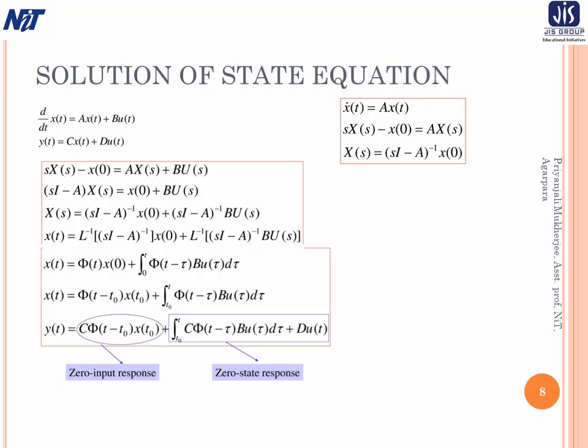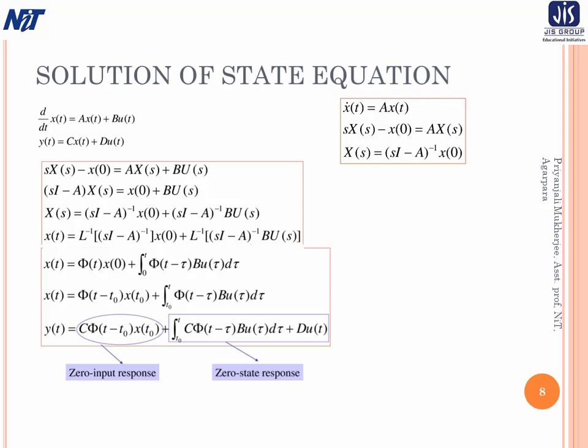From here, X(s) is equal to (sI minus A) inverse into x(0) plus (sI minus A) inverse into BU(s). Now this I is the identity matrix, and the (sI minus A) inverse matrix is known as the resolvent matrix, represented by phi of s, or phi of s is equal to (sI minus A) inverse.